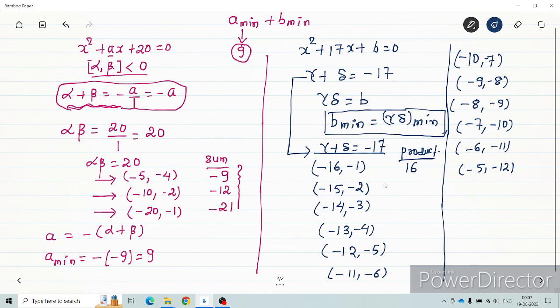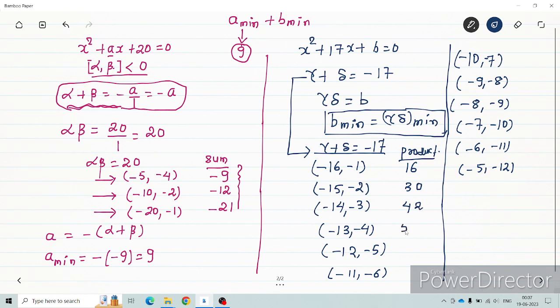Why are we calculating the product? Because we have to find the B minimum, and we will get the B minimum when the product of the two roots gamma and delta is the minimum. So our objective is to find the combination where the product of the two roots is the minimum. Similarly, you find the product of all the possible combinations.